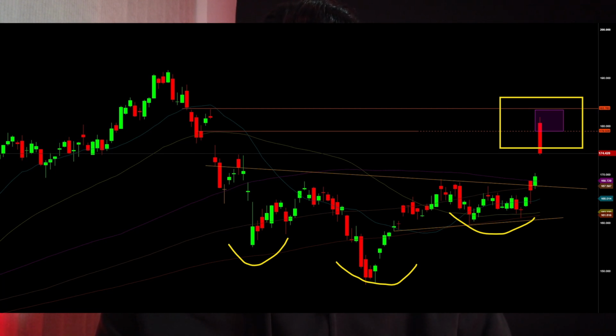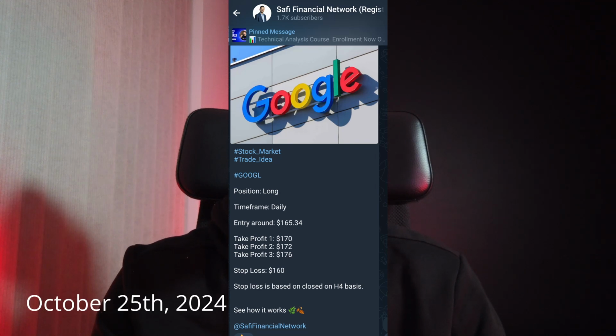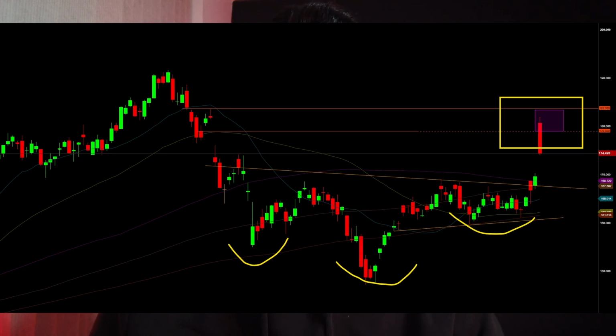In less than a week, we got into this investment strategy, which can be usable for traders as well. Here is the signal that I sent about three days ago, with Google trading around 165.34 and a stop loss at 160. And there you go. Today, we got a fantastic pop for Google. Google popped to 177 after hours, and all targets hit.